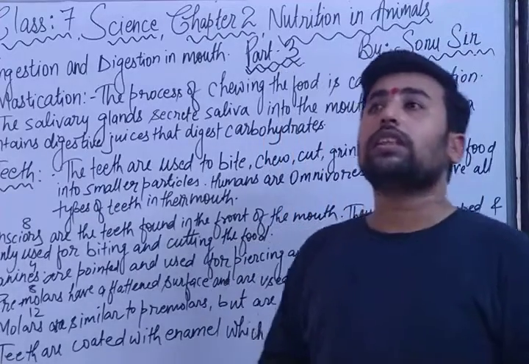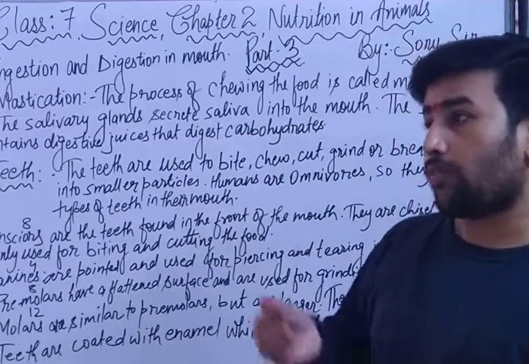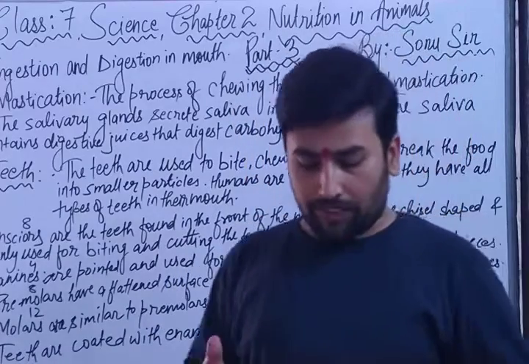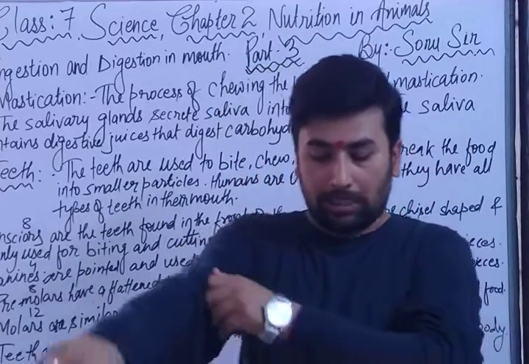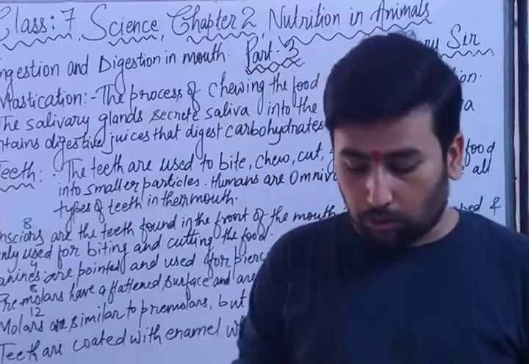Or after taking any sweet items or tea, a small bit of food is left inside our mouth, a sticky material which is called plaque, which sticks to the teeth and gums.